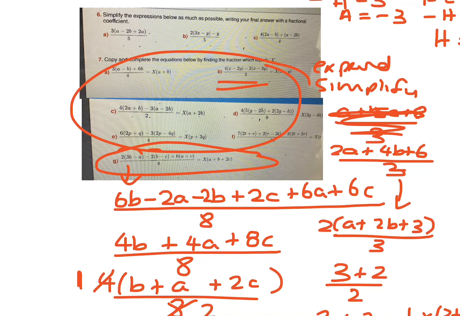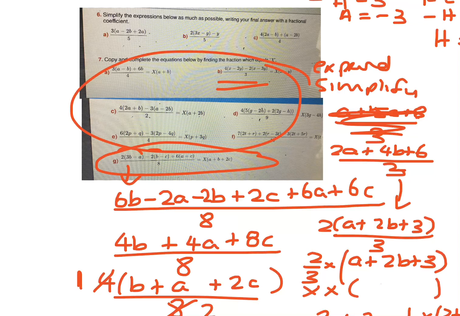And then what you need to do is take that fraction out the front so that you can compare it to the other one. So it's 2 on 3, a plus 2b plus 3. So then, if you've got this, that means that your x, or whatever letter you have out the front, will equal the 2 on 3.